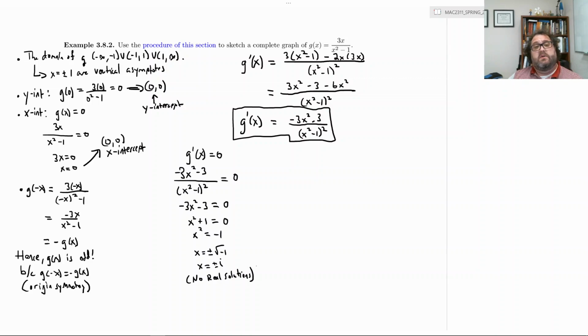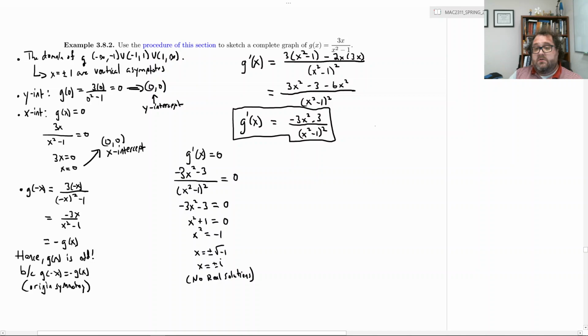We have discontinuities at -1 and +1. Now remember, we're talking about the first derivative and increasing and decreasing behavior. So the increasing and decreasing behavior can change at an asymptote. So we still have to make our first derivative sign chart because we have to figure out where the function's increasing and decreasing, and that can change at our asymptotes.